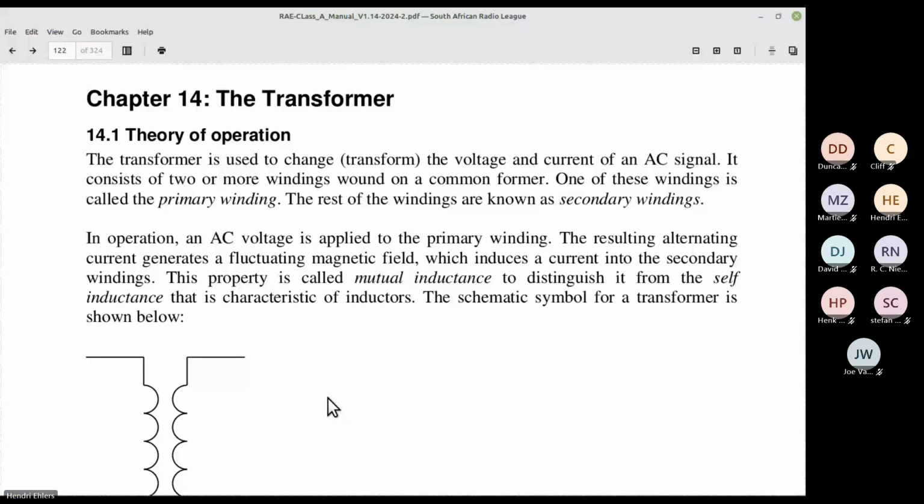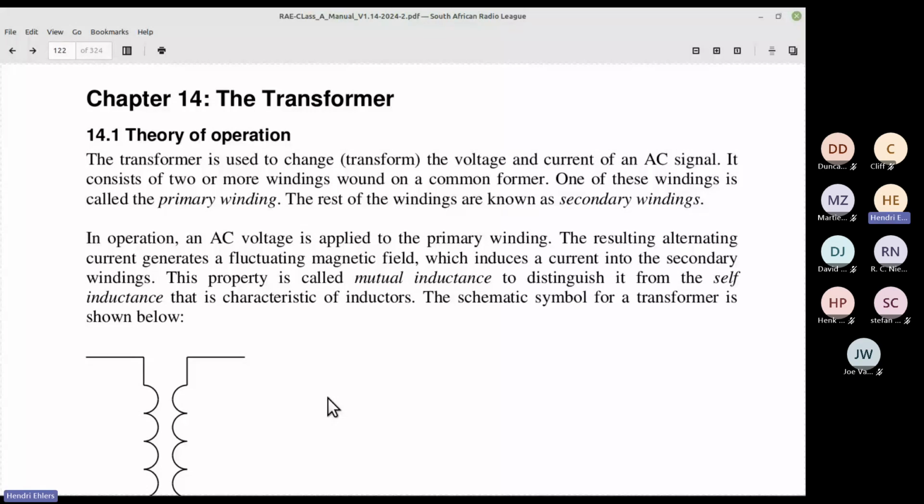Now, a basic transformer has got a primary winding and a secondary winding, and the ratio between those two windings will determine whether it is a step up or a step down transformer.